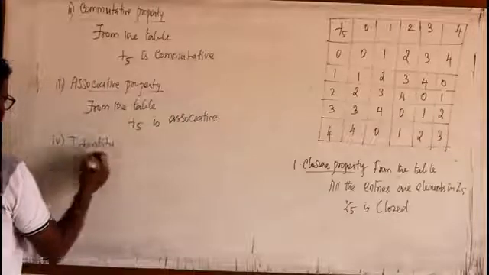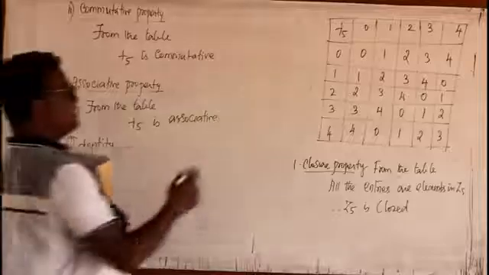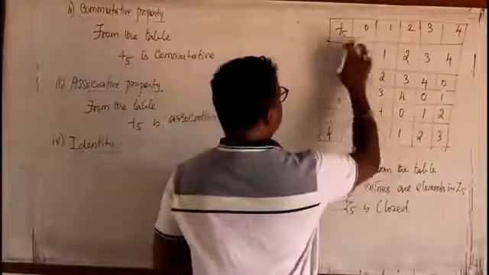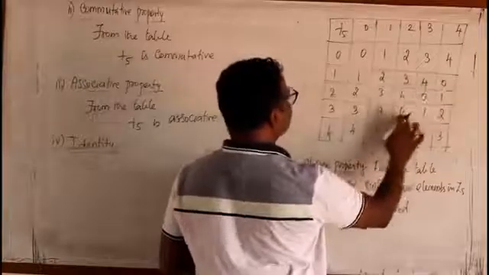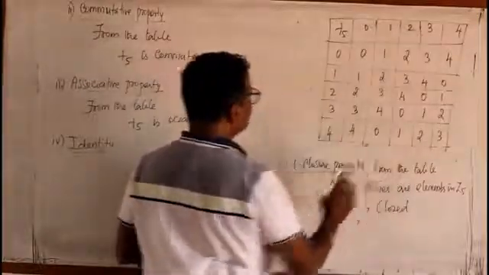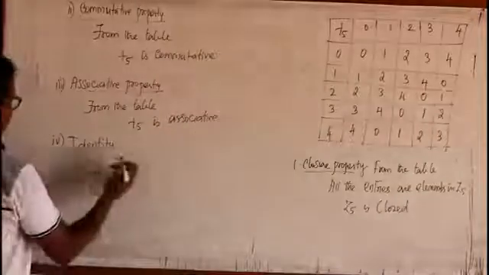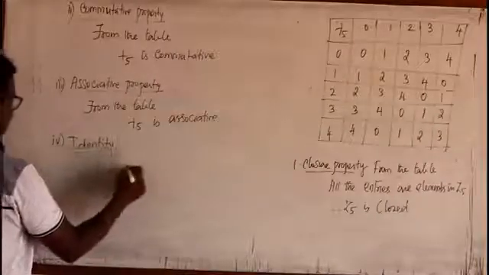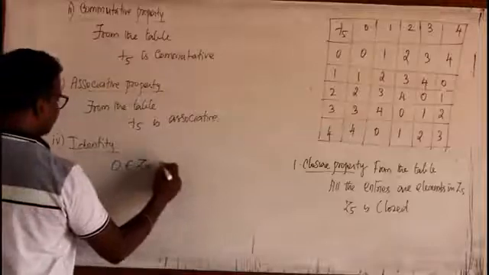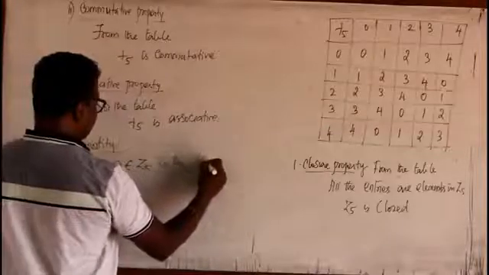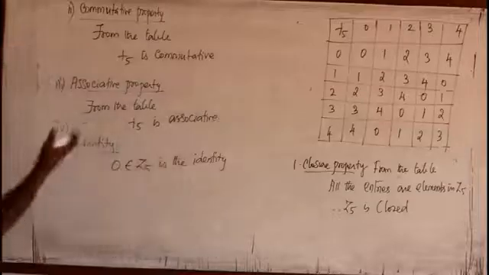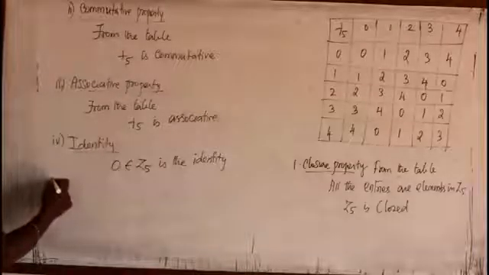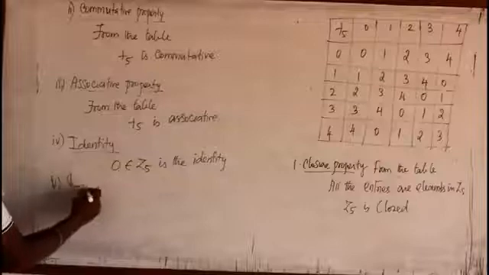Remember, if it is addition, 0 is the identity. Just to check, 0 plus 0, 0. Here I am getting 0, 0, 0, 3 plus 2, 0, 4, 0. So 0 is the identity. We know in addition 0 is the identity element. 0 belongs to Z5, so it is the identity element. You don't need to check anything, we can straightaway write it, because we know in addition 0 is always the identity.